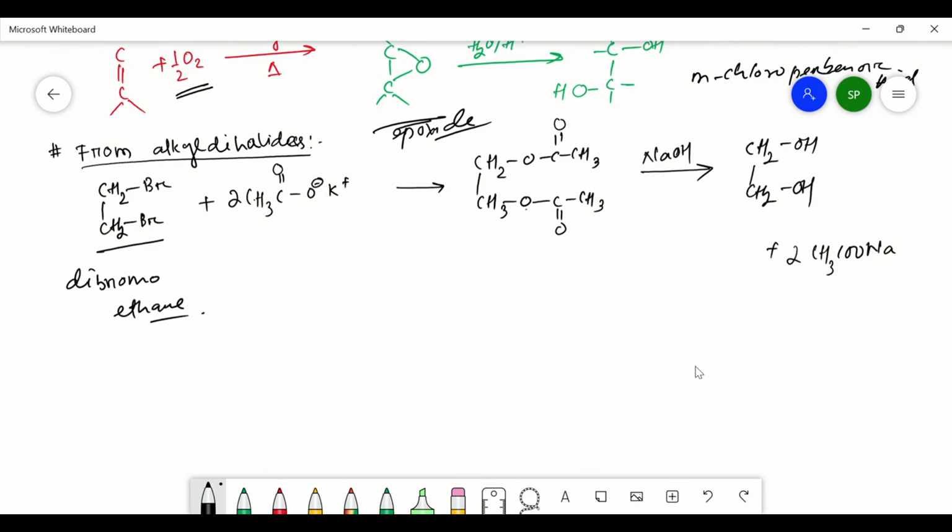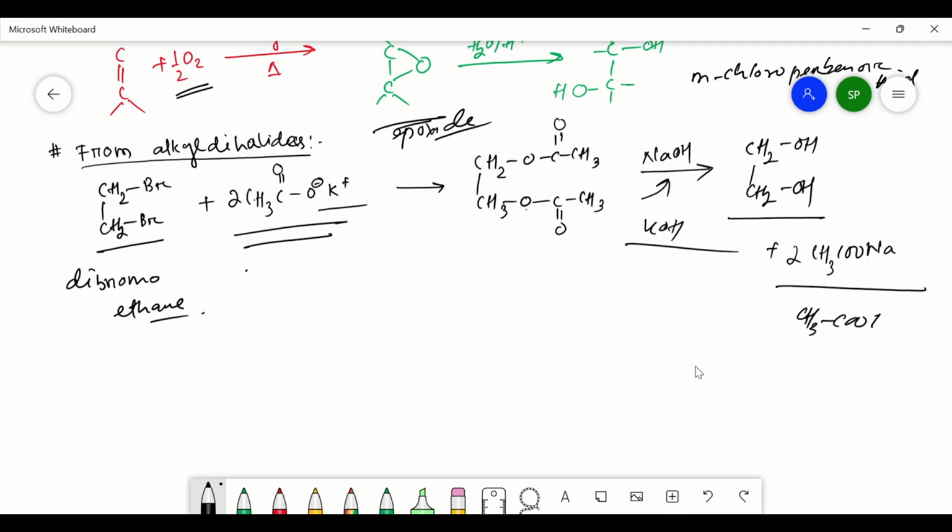This dibromoethane reacts with potassium acetate, or we can consider sodium acetate, to form this ester, and this ester undergoes hydrolysis in presence of base to produce diol and 2 sodium acetate. If we are using potassium hydroxide, this will form potassium acetate, CH3COO. Okay. This is the preparation of diol from alkyl halides.